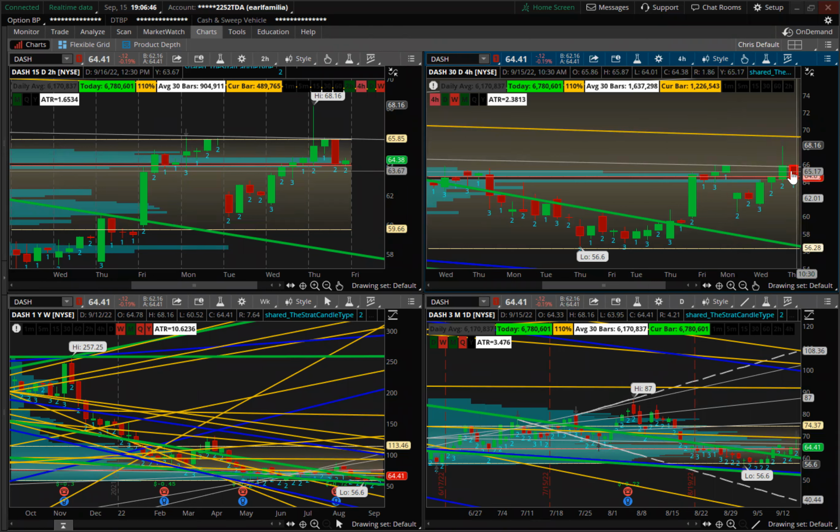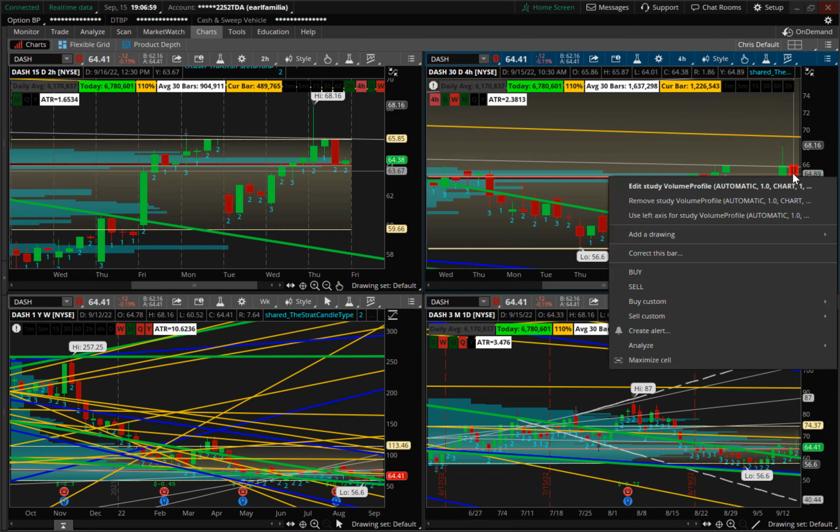So right here on the day, looks like we're getting a 212 on the day, below 64.01. So I'll be looking for that one to actually trigger. I want to set an alert for it.